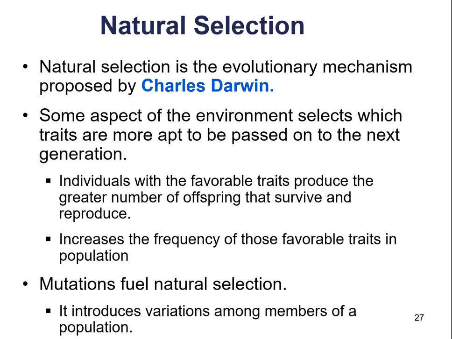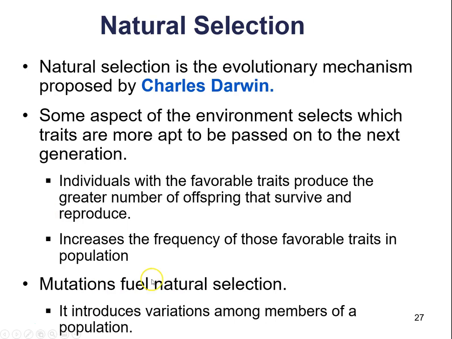That's what this is saying here, that we then increase the frequency of those favorable traits in the population, because it makes that organism more suited, more fit for the environment. So we can think about survival of the fittest, or natural selection. These are probably all terms or phrases we've heard before.